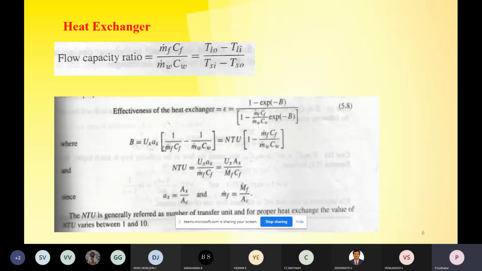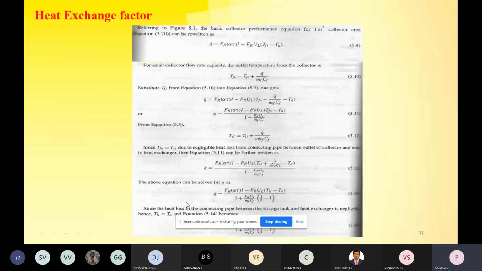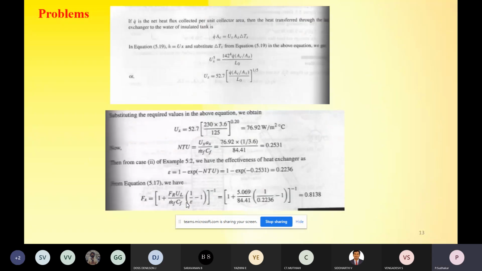So if you have the formula for AC by AX, small AX is heat exchanger area by collector area. So that is 10 by 3.6. Okay, 10 by 3.6 is the same as 1 by 3.6. So if you substitute this formula, you get NTU 0.2531. Okay, so substituting NTU in the effectiveness of the heat exchanger.